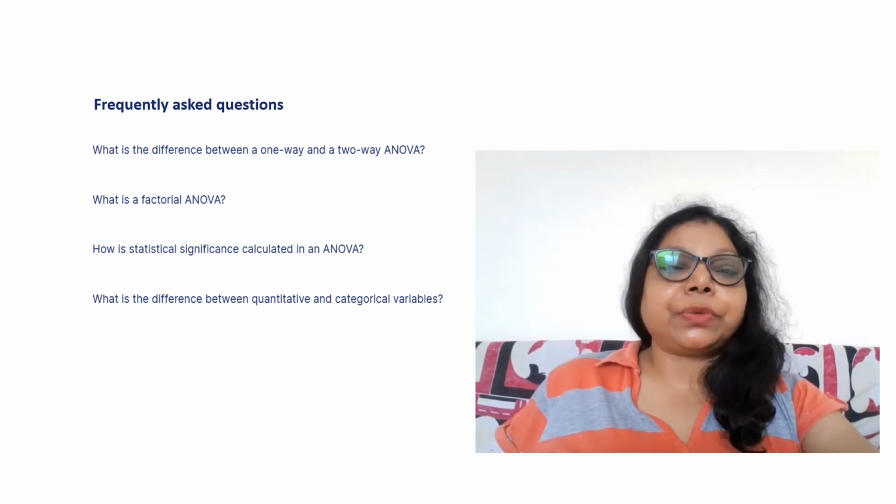Coming to the first question, what is the difference between one-way ANOVA and two-way ANOVA? The only difference is the number of independent variables. A one-way ANOVA has one independent variable, while a two-way ANOVA has two. A one-way ANOVA example is testing the relationship between shoe brand and race finish times in a marathon.